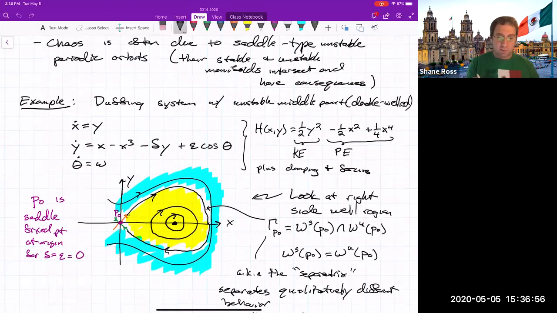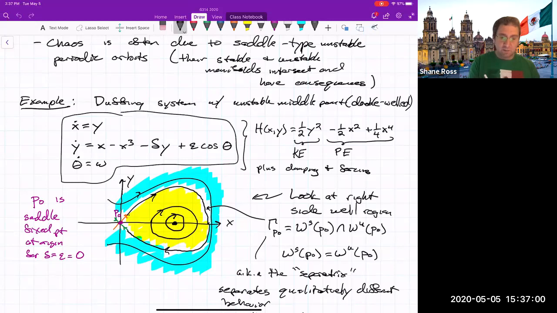So we've got the set of ODEs here, and we've put it into extended phase space. So instead of time, we've got theta. By extended phase space, we mean X, Y, and theta. The forcing term, here in red, is epsilon cosine theta.